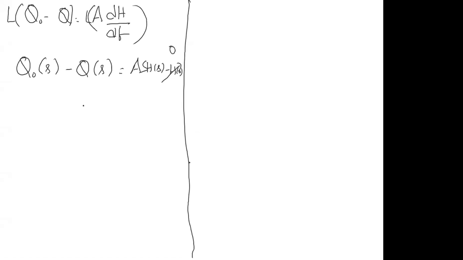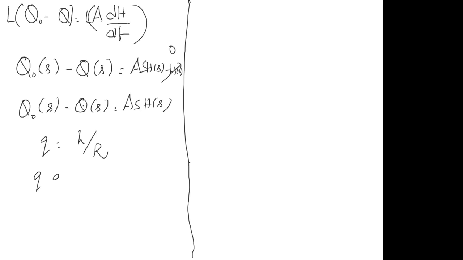Now, what is the final derivation? Q naught of S is equal to Q of S plus A into S into H of S. But what is capital Q? Small q is H by R. Clear? So what is small q? The deviation variable is nothing but H by R minus Hs by R. What is Q?